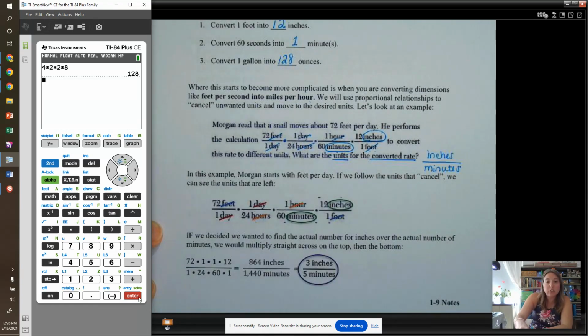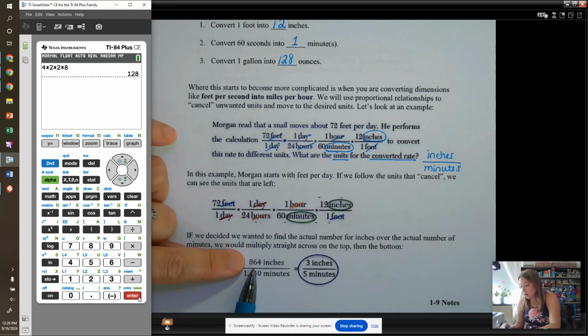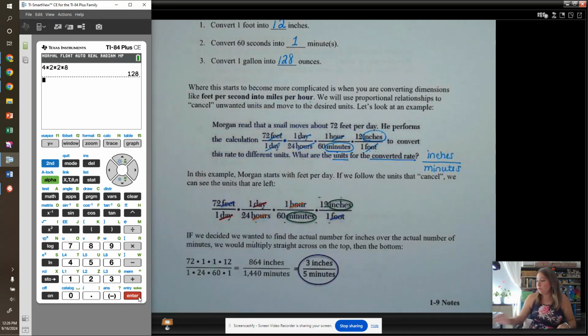Now, if I wanted to convert that numerically as well, I would multiply all the numbers on the top together and then multiply all the numbers on the bottom in the denominator together. In our graphing calculator, take this value, 864, and divide it by 1,440, and we get 0.6.